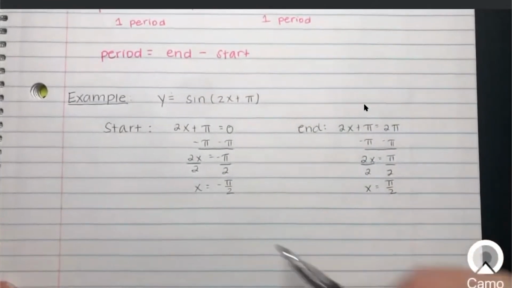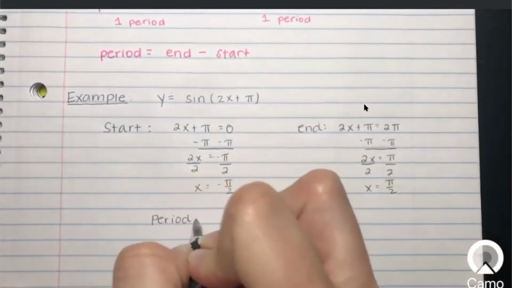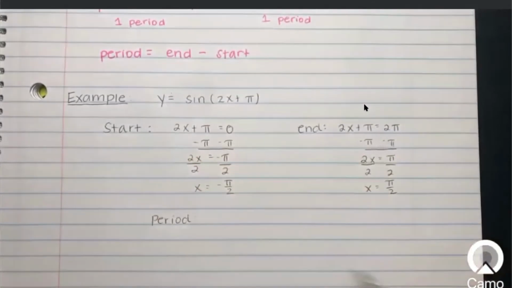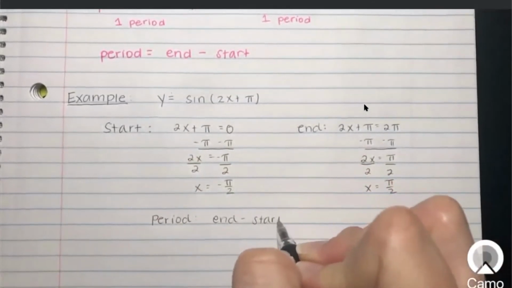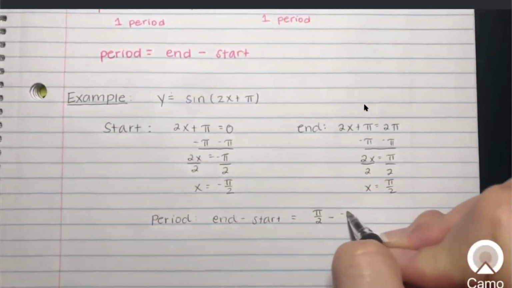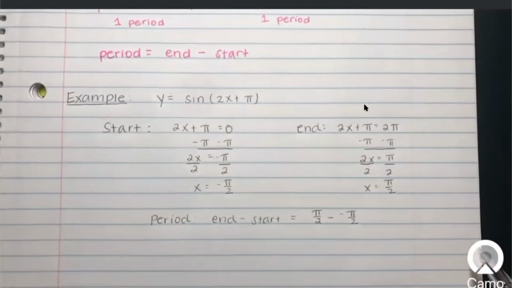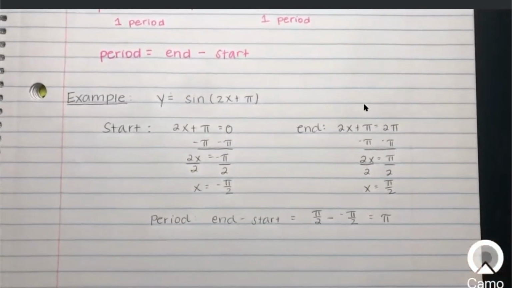To find the period, we're just going to subtract the starting point from the ending point. So end minus start equals pi over 2 minus negative pi over 2, which equals 1 full pi. So the period in this case would be 1 full pi.